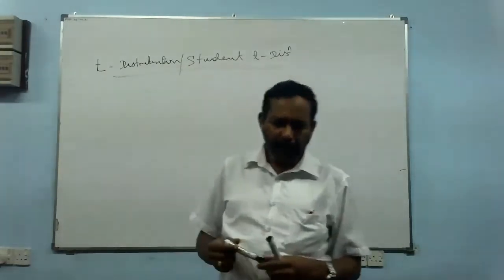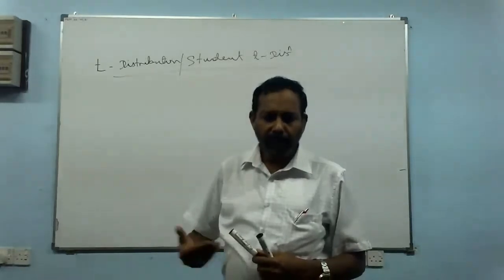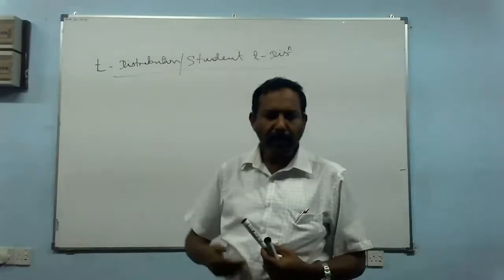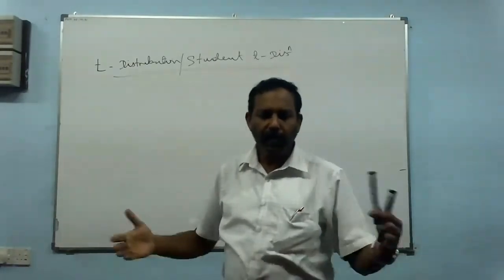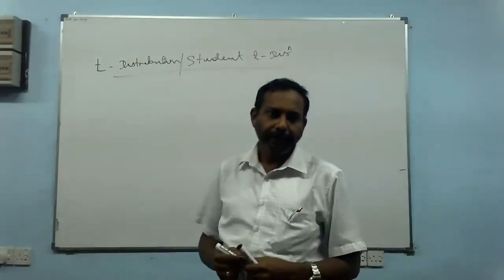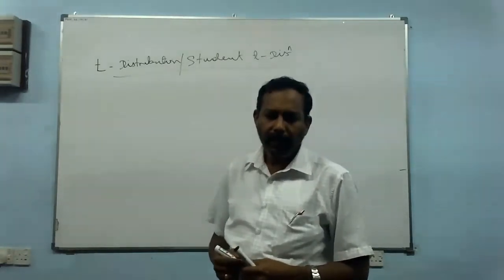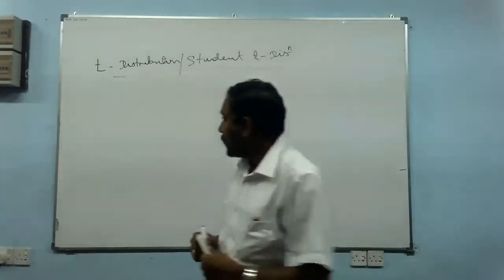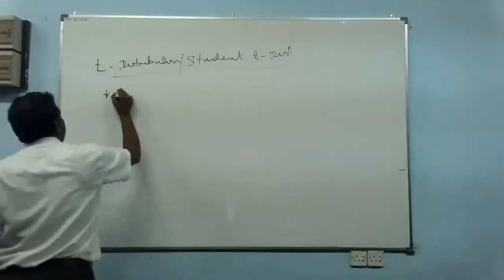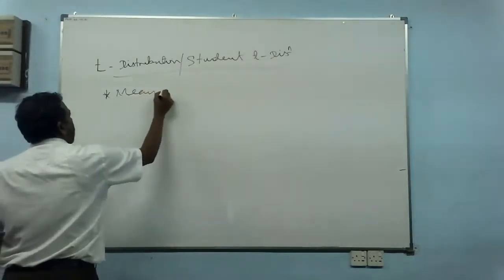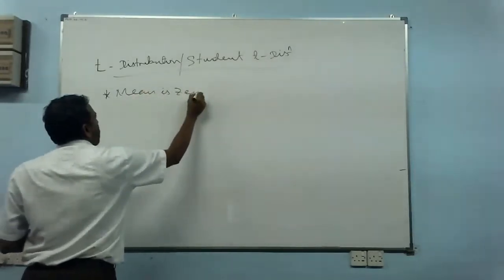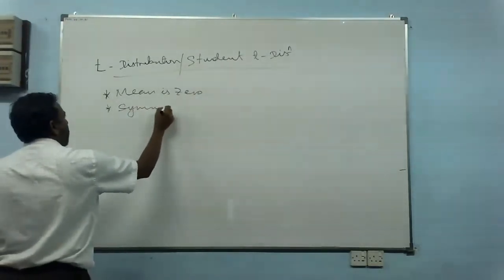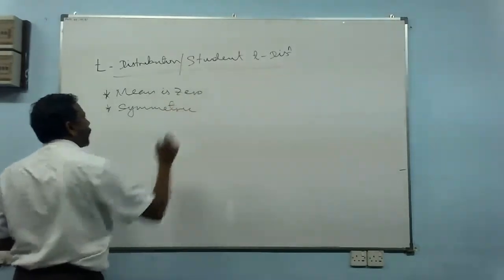Here also, in the T distribution, the mean value is 0. It is also a man-made distribution, so the mean value is 0. But it is a symmetric distribution. The mean is 0.